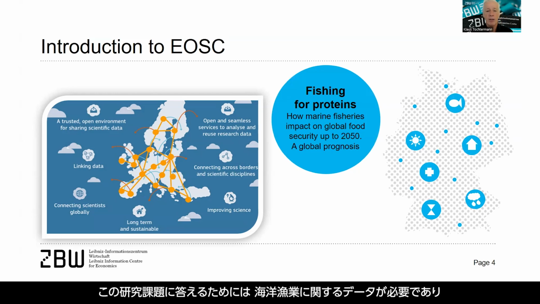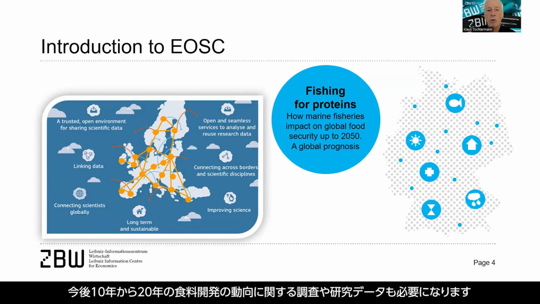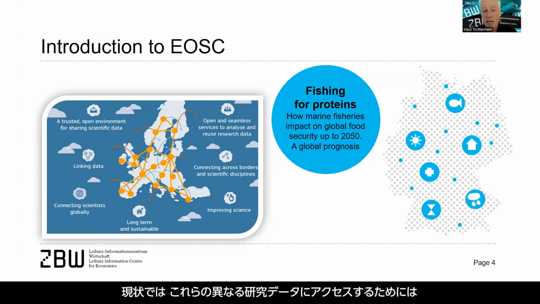In order to answer this research question, you would need research data about marine fisheries, you would need data about the global food situation, and you would maybe need surveys and studies on how the global food development will be in the next 10 to 20 years. And therefore, at this point in time, you would need to consult different data repositories to access the data for each of the different research parts.